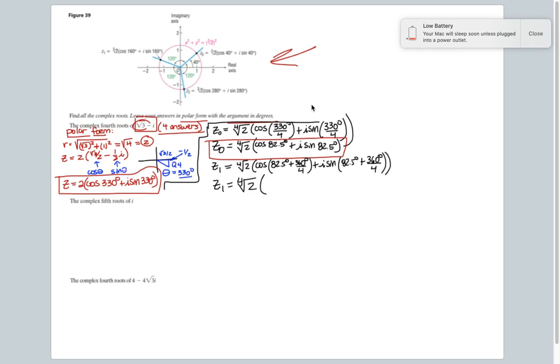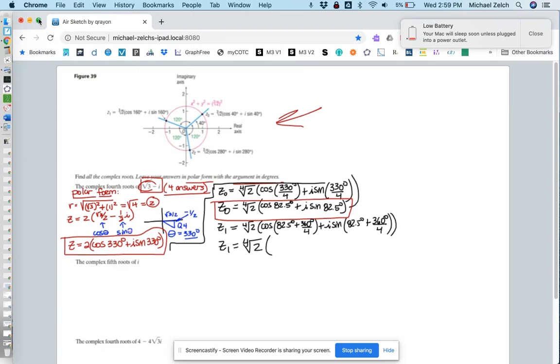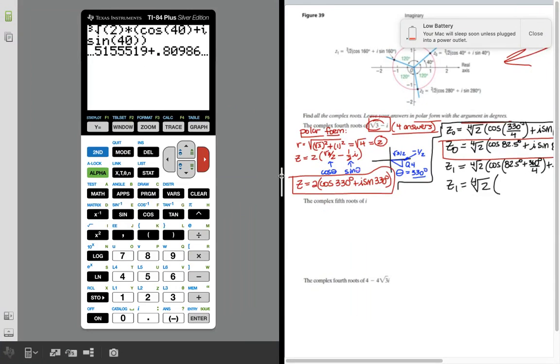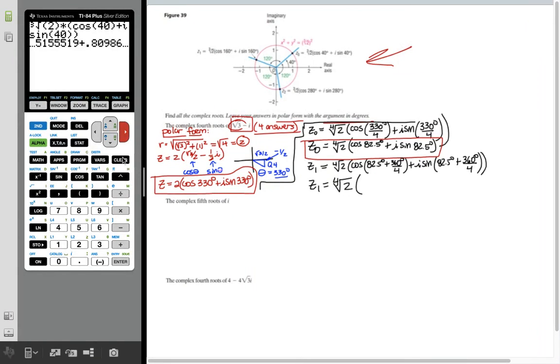82.5. Need my calculator here for a moment. Okay, so I'm going to do 82.5 plus 360 over 4.